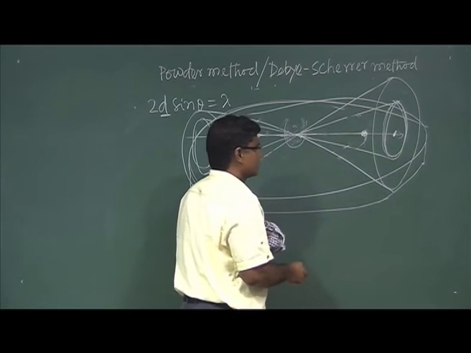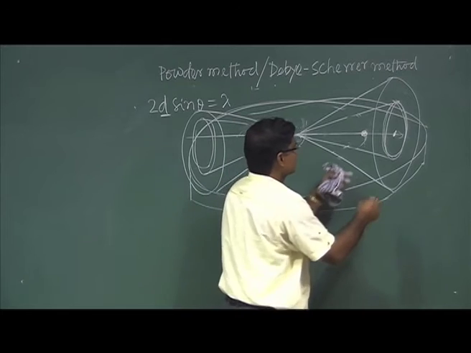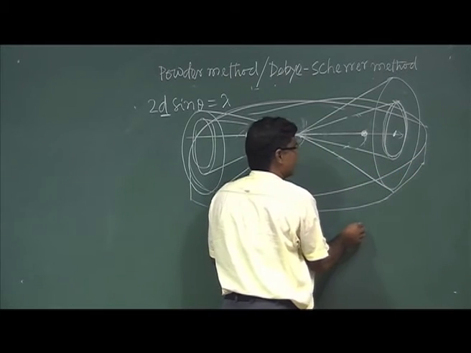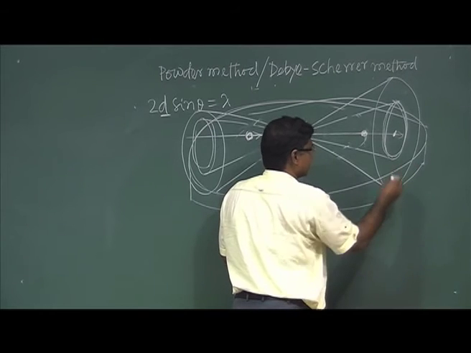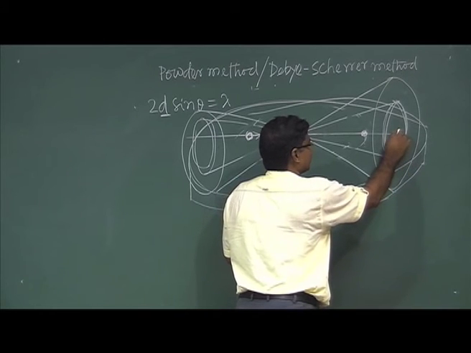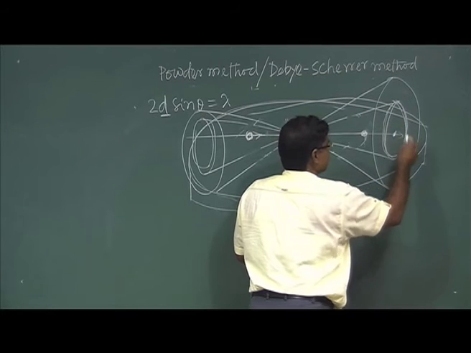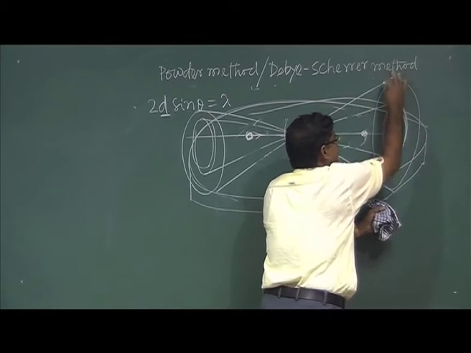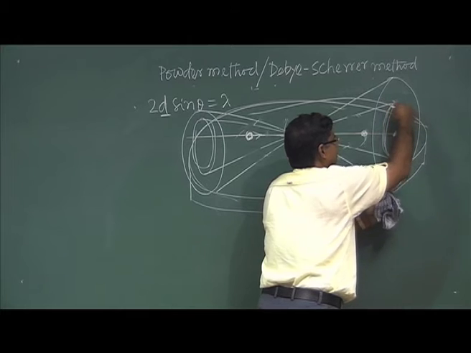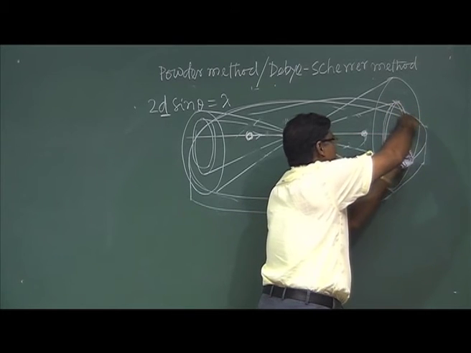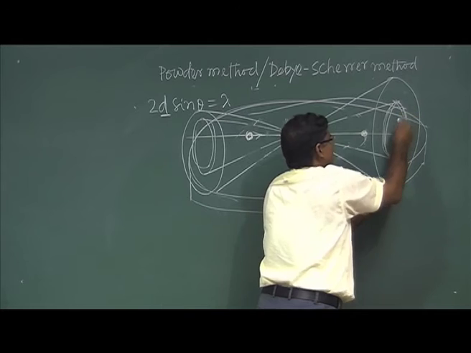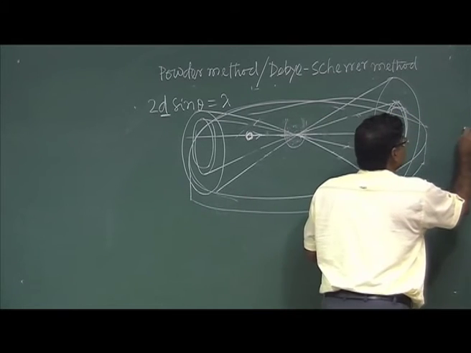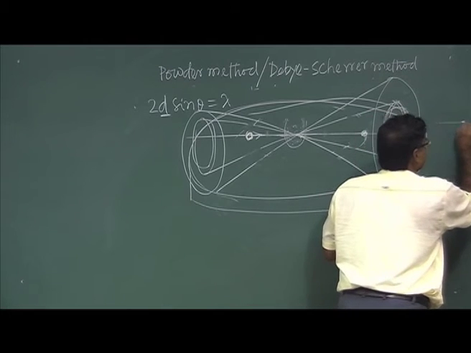On this photographic plate, basically what will I get? If it is bigger, I will get a circle, but if its width is smaller, I will get just some arc on both sides.